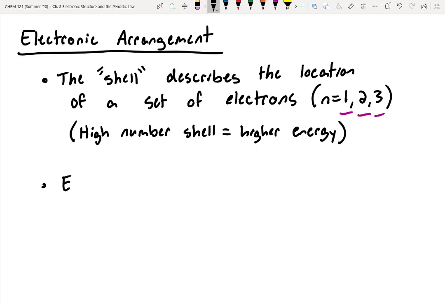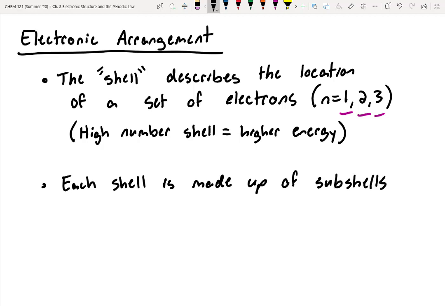So each shell is made up of subshells. And these subshells can be different types.